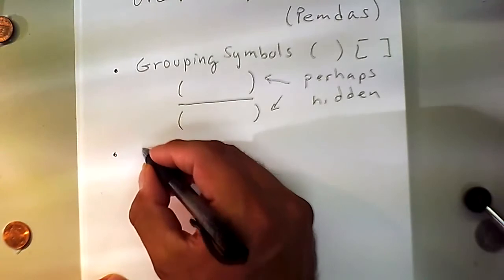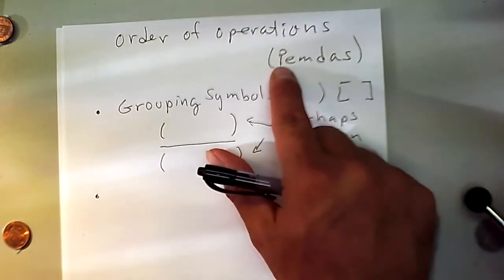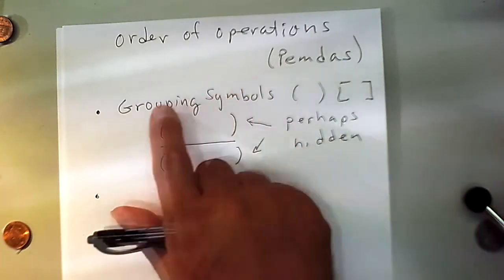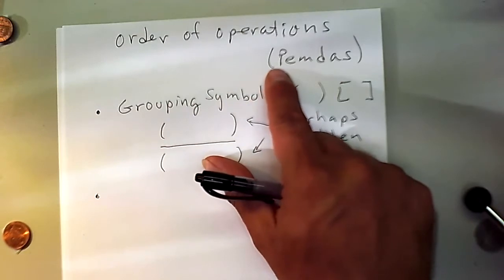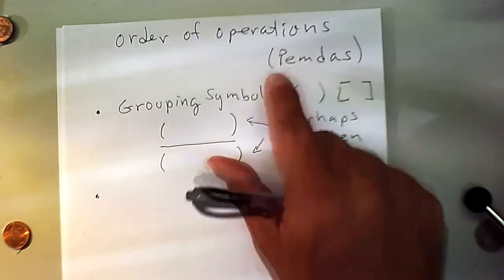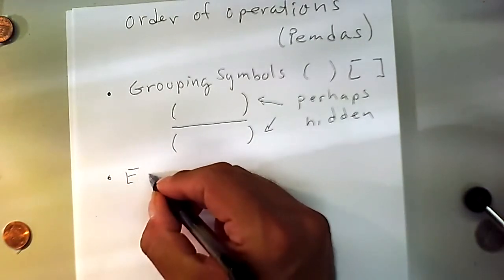Then we got exponents. And those of you who have seen this PEMDAS, you know that we have parentheses, which we really mean by that is grouping symbols, and there are some hidden grouping symbols. Exponents has to be performed also immediately after.